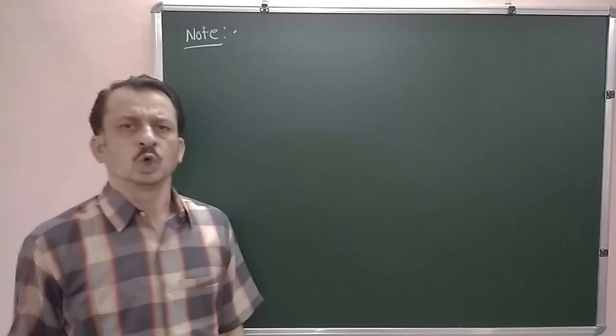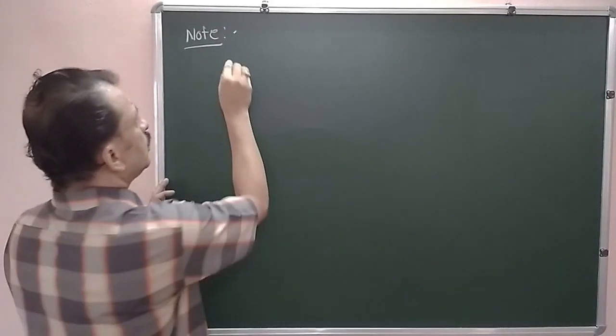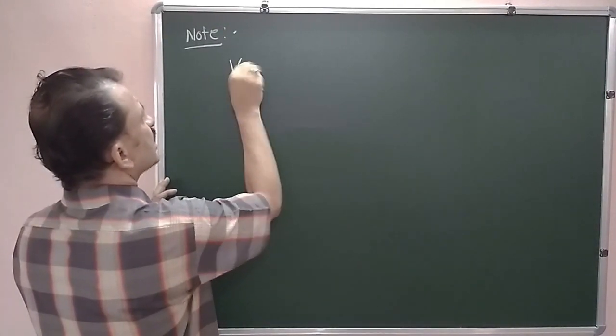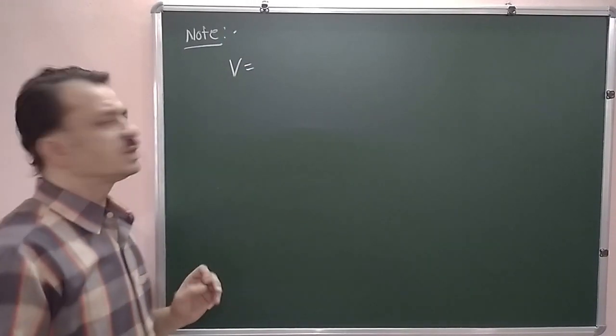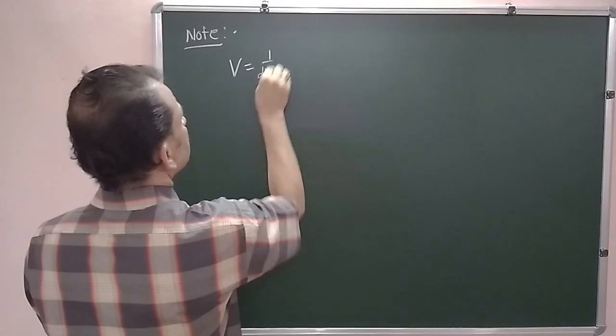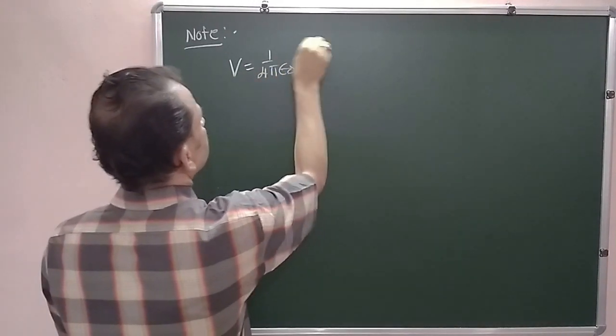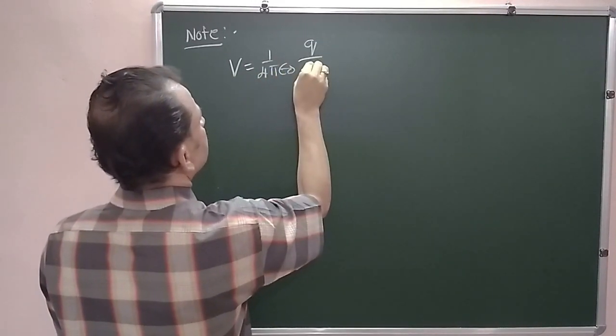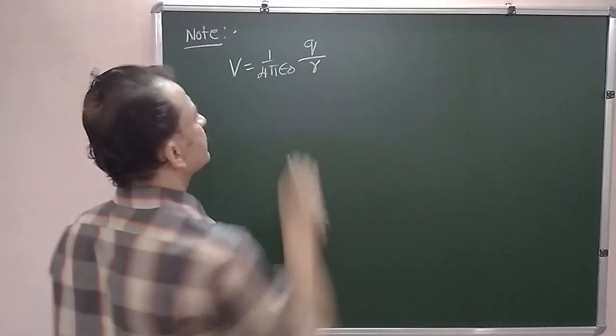Now we'll study one note. If we have a point charge, the potential at any point due to a point charge is given by the formula 1 divided by 4 pi epsilon naught into charge q divided by its distance r.